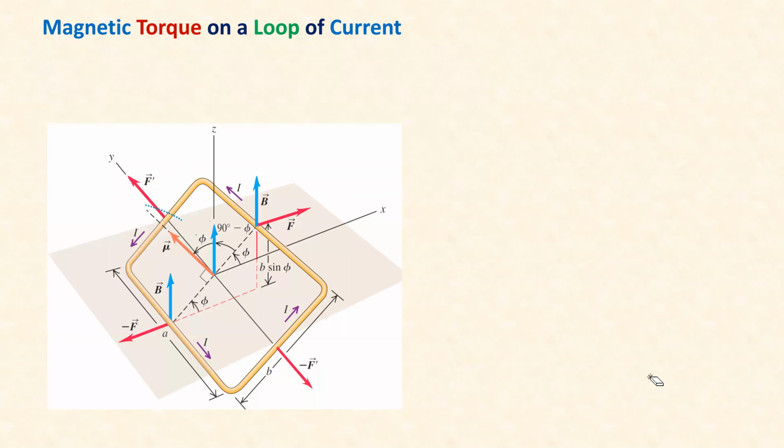Now, we want to see what happens if you have a loop of current. Imagine this, it's a busy figure. Sorry about that, but if you want to show everything on it, it is pretty complicated. So we have a magnetic field that is up in this case.